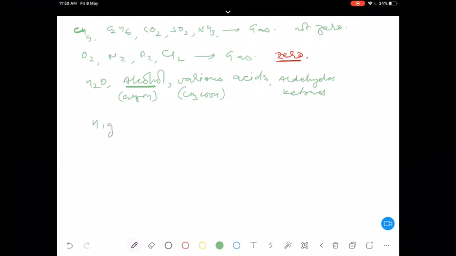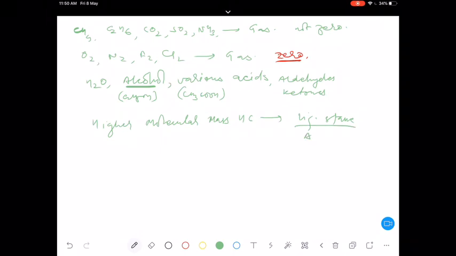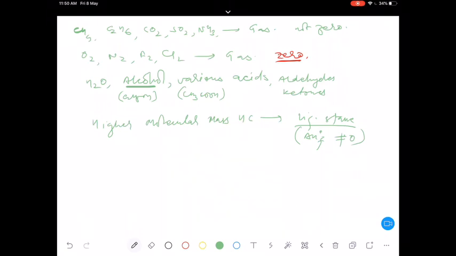They are all present in liquid state and delta H naught formation is not 0. For them delta H naught formation will not be considered as 0. Is that clear? Any confusion, any doubt?